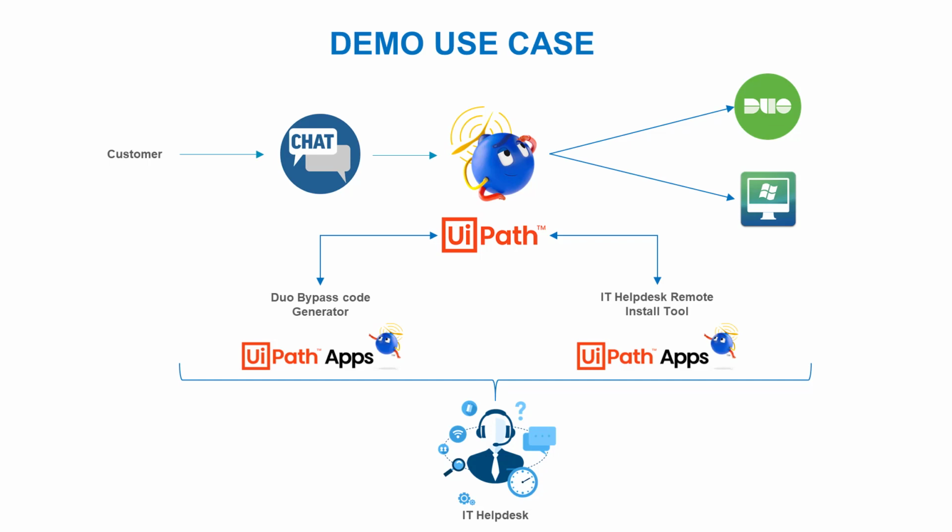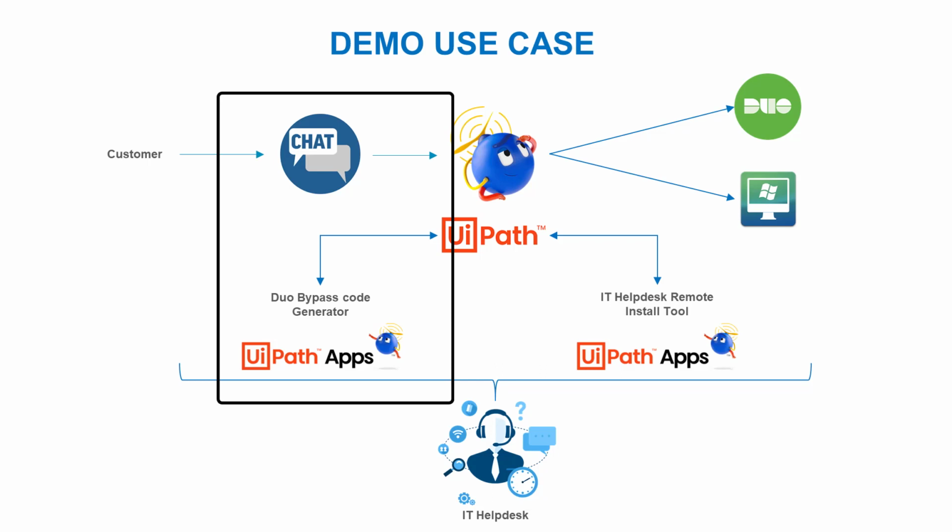The first one has two parts and shows how we can develop one automation workflow and use it to serve different users. External users will use a chatbot UI to self-serve and retrieve a Duo bypass code, and an internal help desk technician will use a UiPath Apps developed UI to generate a bypass code per user's request.